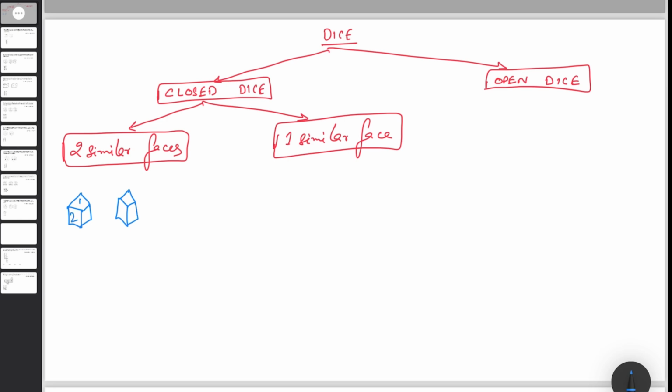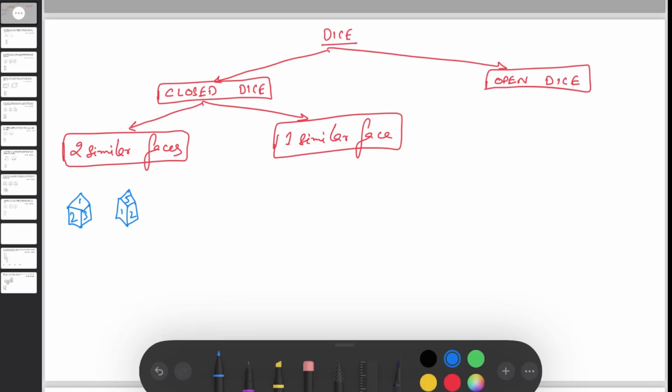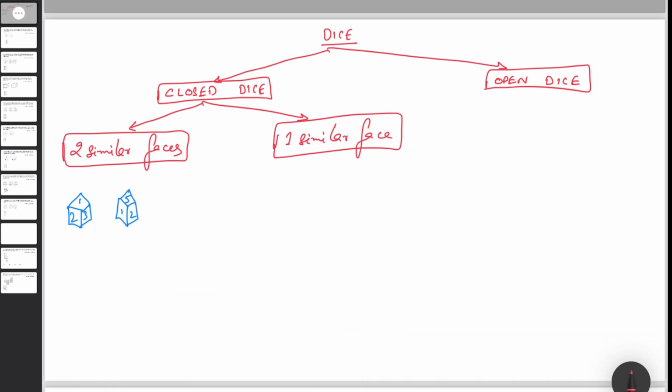1, 2, 3, and 1, 5, 2. 1 is here and 1 is here. 2 is here and 2 is here. So that means 1 and 2 are the two similar faces.